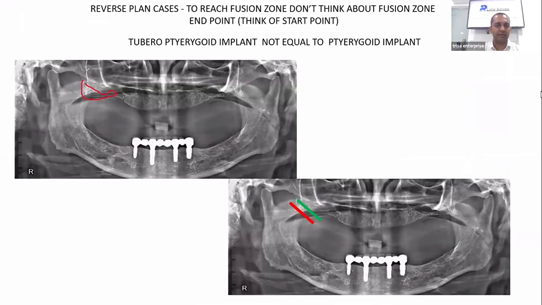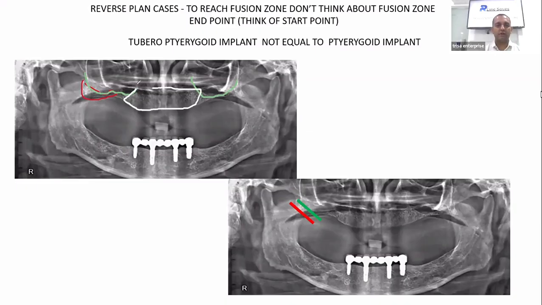So you start tracing the maxillary cells. First thing we do is trace the maxillary cells and decide whether the case is easy or difficult.